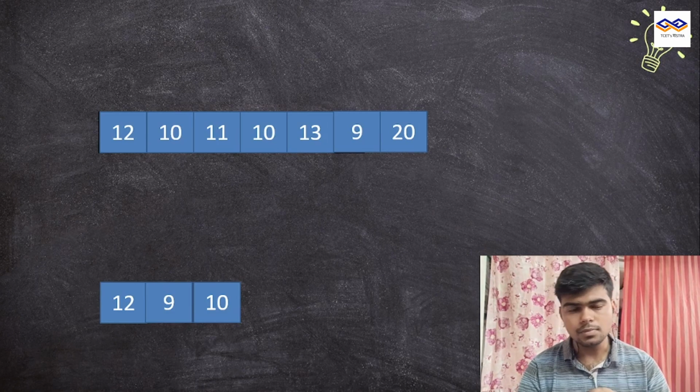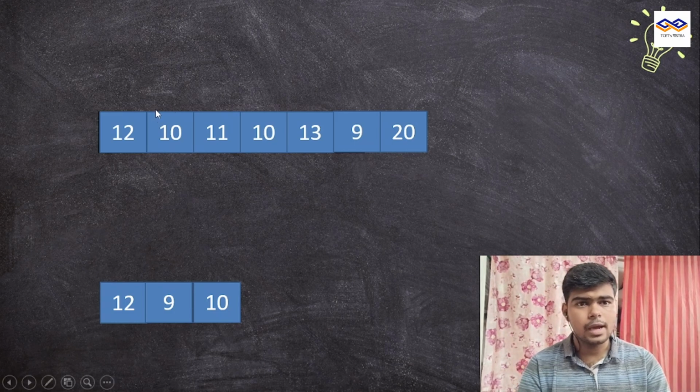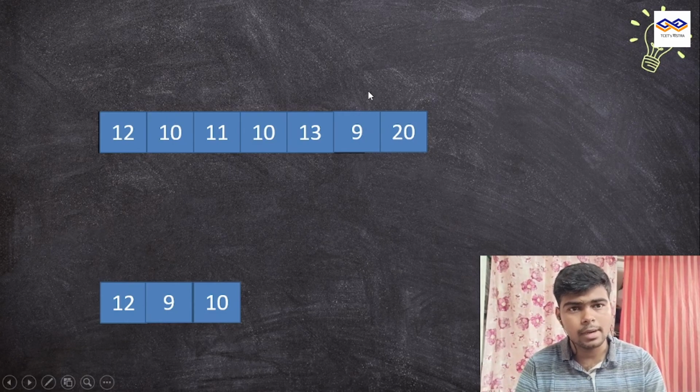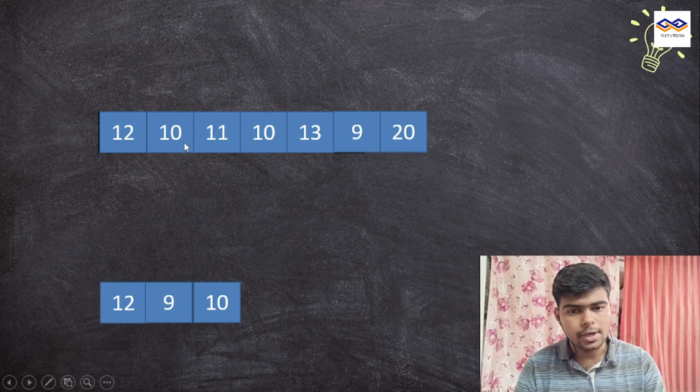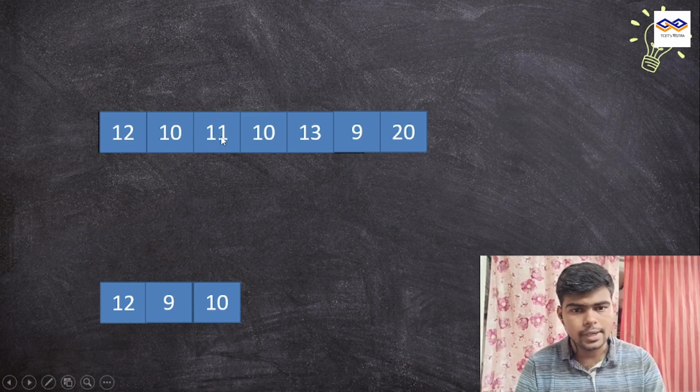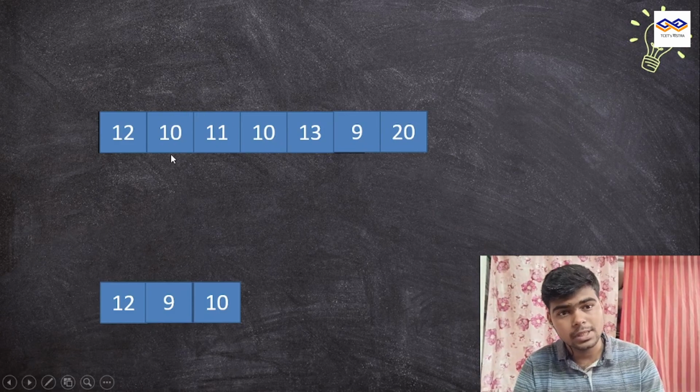Okay, so what we have to do is iterate from index 1 to index n minus 2. Let's iterate, starting with this 10. Is this 10 greater than 11? No, I will move ahead. Is this 11 greater than 10? Yes. Is this 11 greater than the preceding 10?